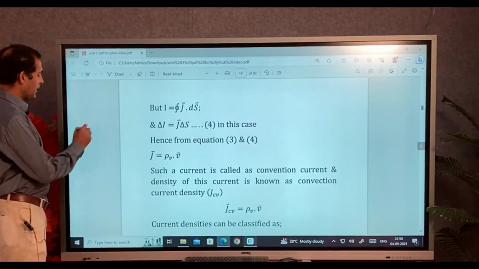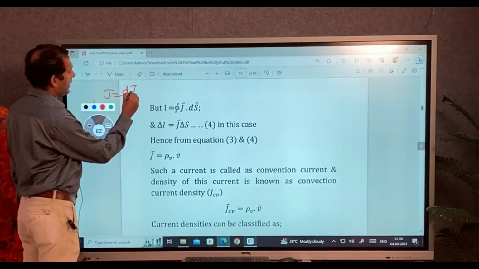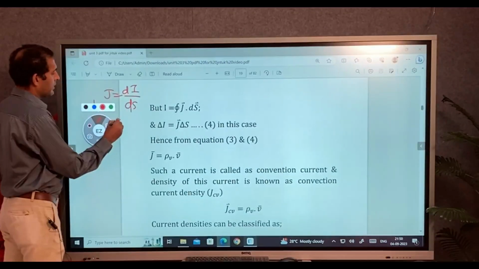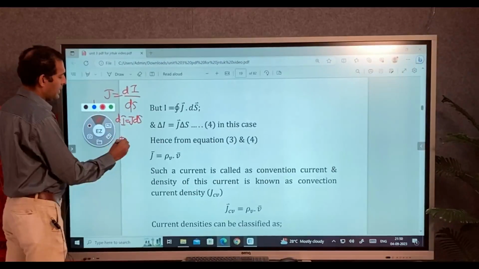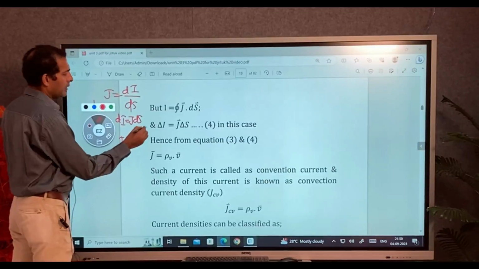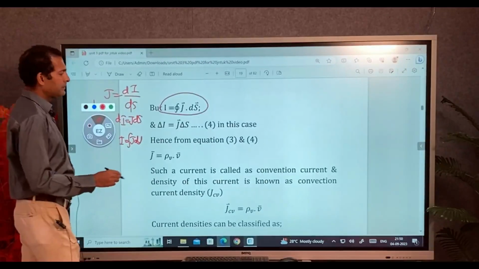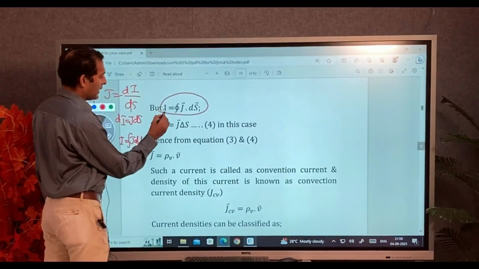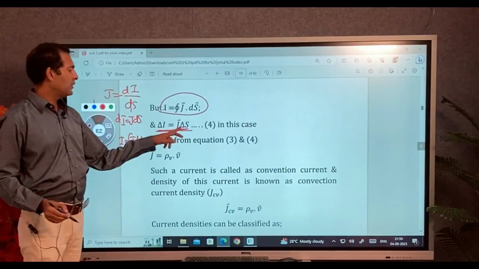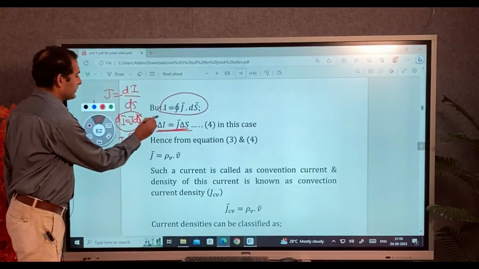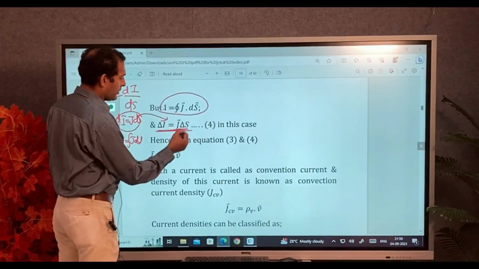Now again from J, what is J? J is equal to di by ds. Hence di is equal to J ds. Hence I is equal to the integral of J ds. We have the definition of I, or simply we can say delta I is equal to J into delta s, or di is equal to J ds, this one, right. Now we keep this equation from equations 3 and 4.